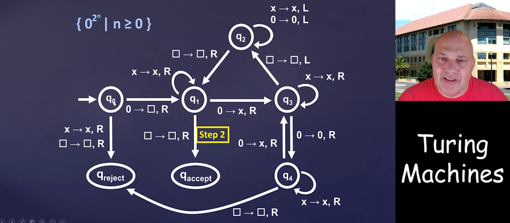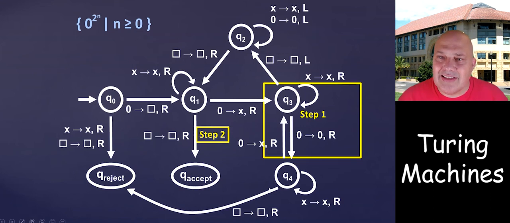So for example, this is step 2. You're in Q0, you read a single zero, you reach Q1, and now you see the empty cell. It means that you're going to accept, because now you saw a single zero. And this is step one, where you're moving to the right, and then on the way back, you're turning a zero into x.